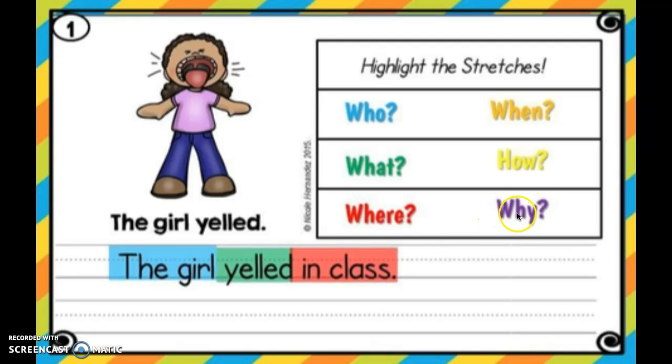Maybe we could add why. So maybe I could write on the second line, I could stretch that sentence even more. I could say, the girl yelled in class because she was mad. That would really stretch that sentence out.